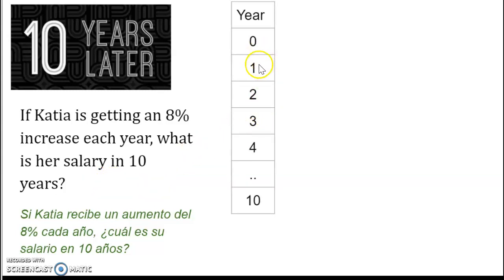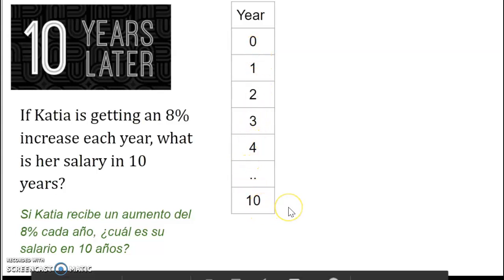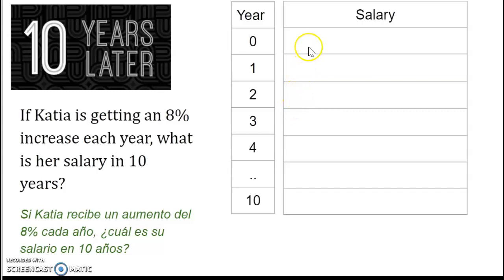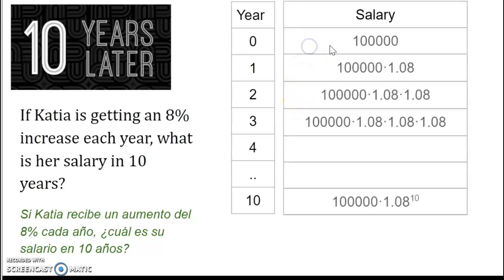Well, to do that, it will be easier if we can figure out a generalized equation, not just be multiplying each time. So what we can do is, we know that in year 0 she got 100,000. In year 1 we multiplied that by 1.08.